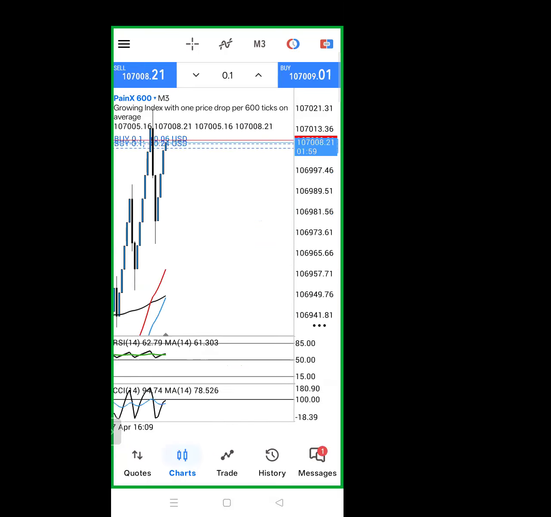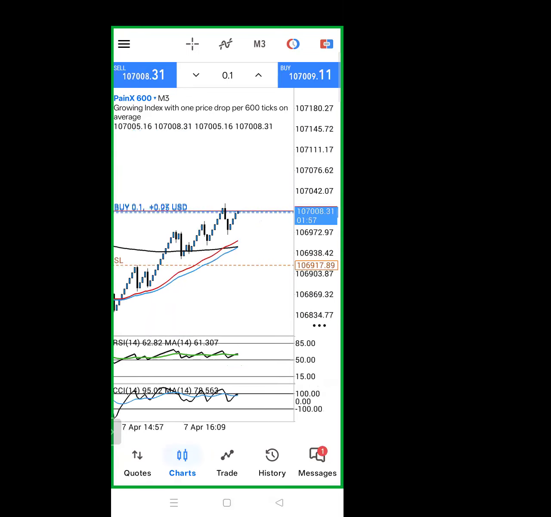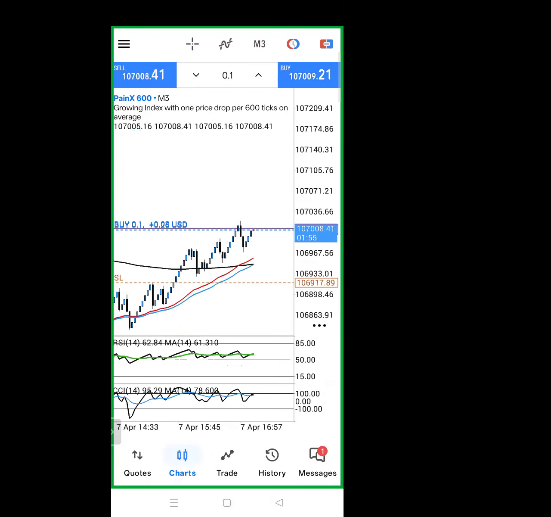Okay. Good. Now, if you look at this guy now, this is a perfect entry. Okay, because we are above the 200 moving average. We are also above the 50 and the 20. And if you look at the CCI, the RSI is above 50.